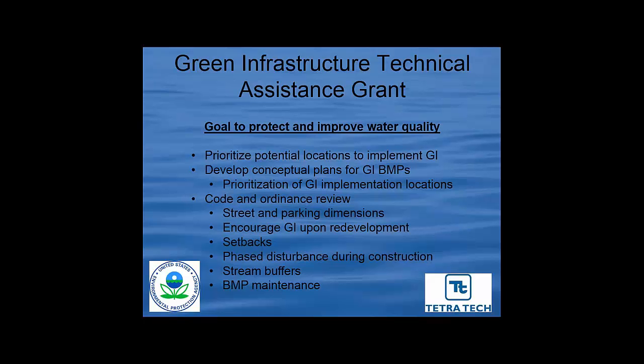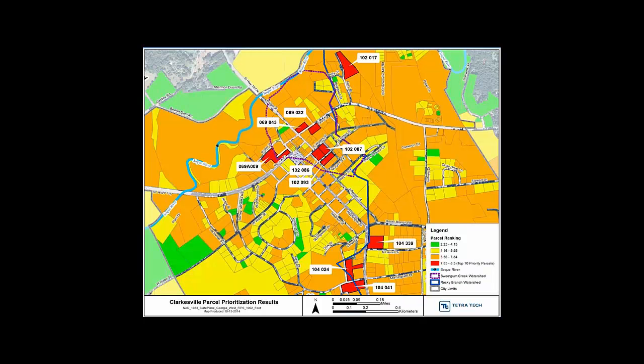One of the outcomes of the green infrastructure technical assistance from Tetra Tech was the ranking or prioritization of parcels in the city. The red parcels you'll see were evaluated based on a number of factors like publicly owned, the percentage of impervious surface, their infiltration capacity, what the existing soils were, proximity to existing stormwater infrastructure, percent slope.